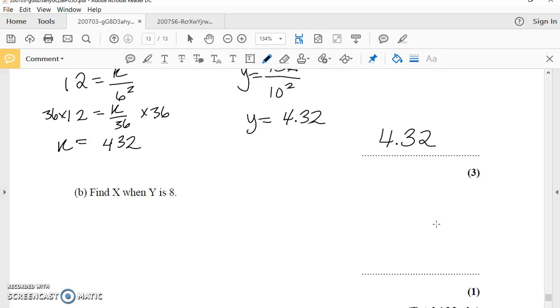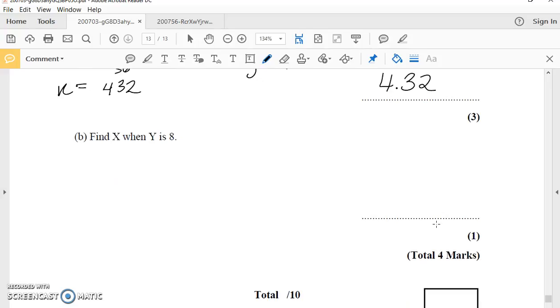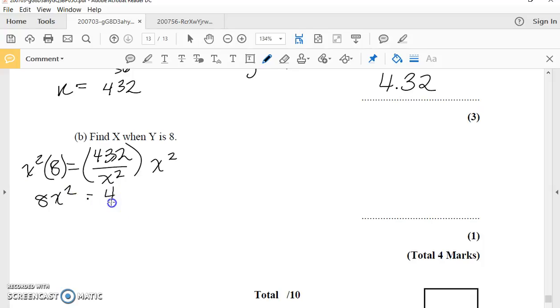Quite easily done. Find x when y equals 8. So this time we're going to work a little bit backwards. So we know y, so 8 equals 432 over x squared. Again, I'm going to multiply both sides by x squared and move that off my denominator. Okay, so that gives me 8x squared equals 432.